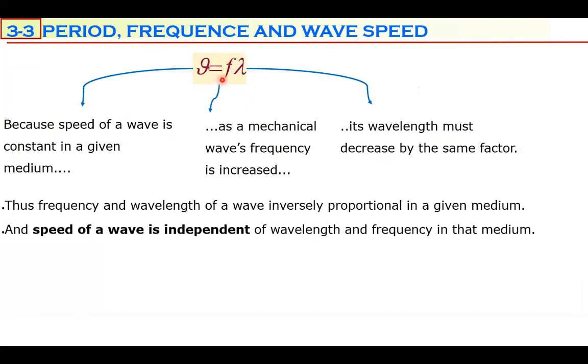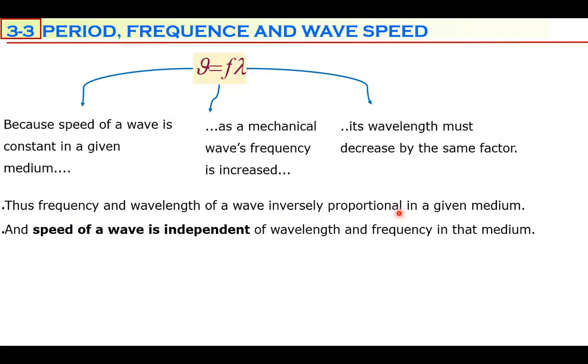Ne demek bu? If frequency doubles, wavelength decreases by 2. If frequency triples, wavelength decreases by 3. Or vice versa. If frequency is halved, wavelength doubles because speed is constant. Thus, frequency and wavelength of a wave are inversely proportional in a given medium.